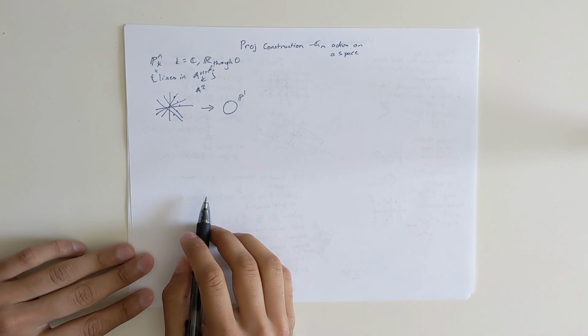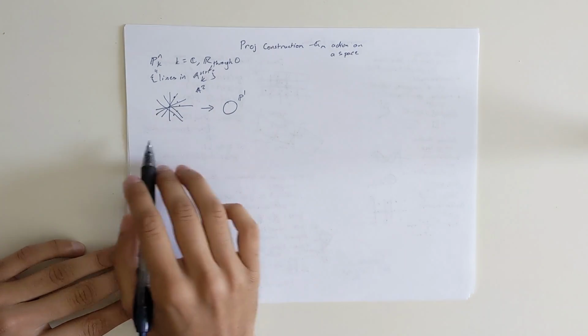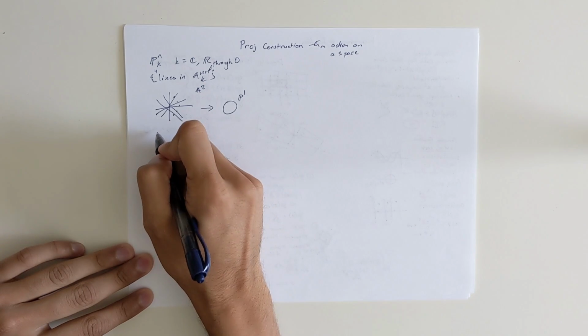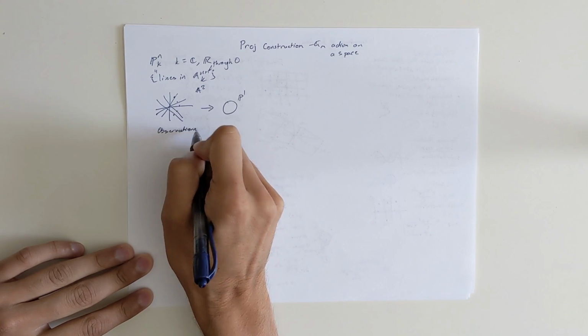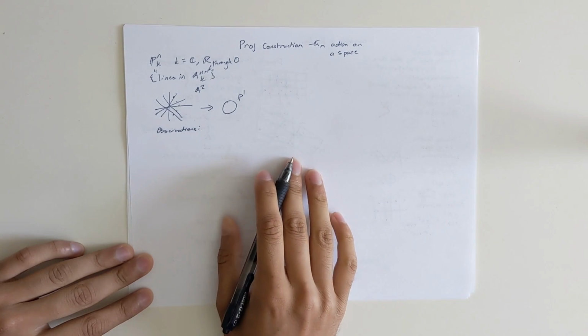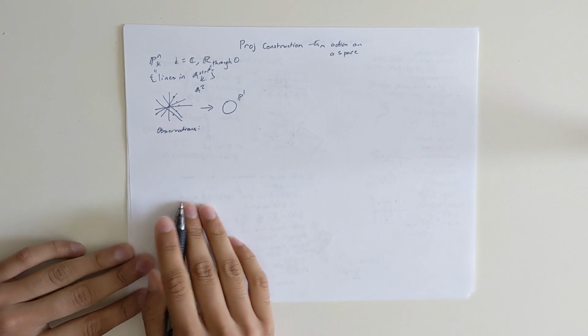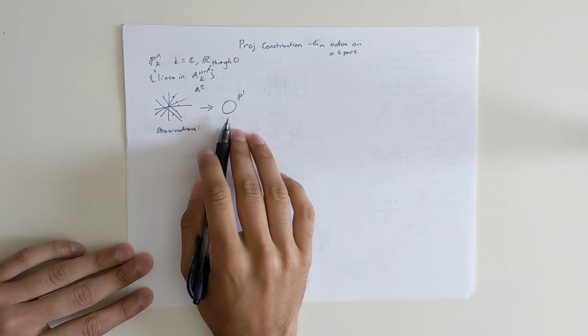Okay, so you want to be able to try this construction in algebraic geometry, so you make some observations. In algebraic geometry, you want to describe a space in terms of its functions. So you want to understand what the functions on this are.